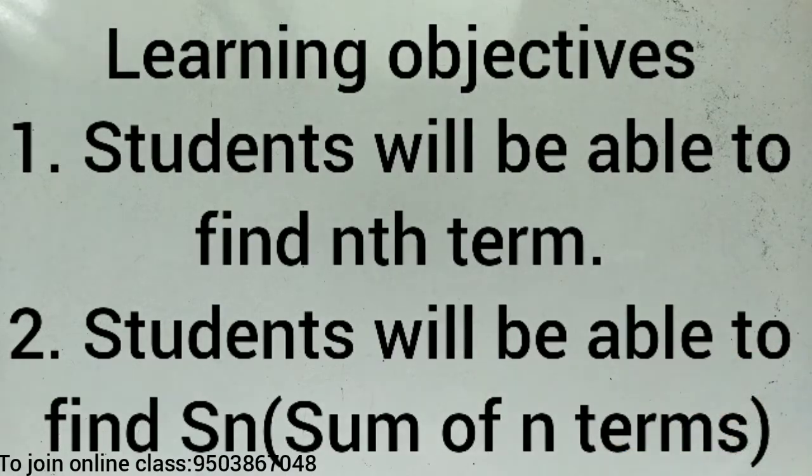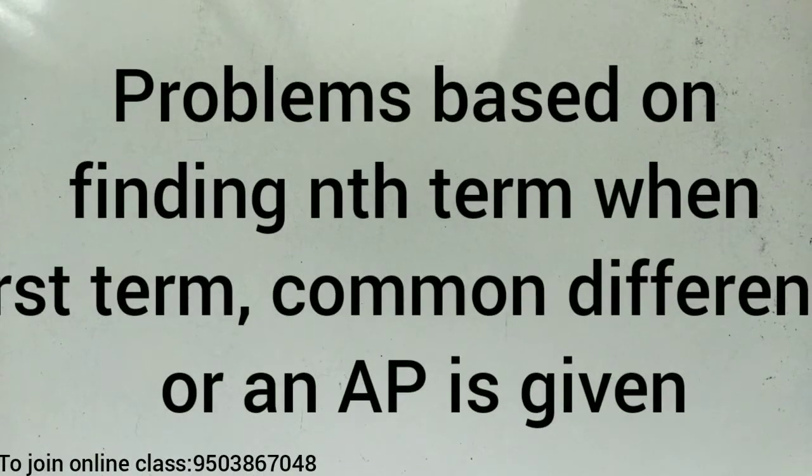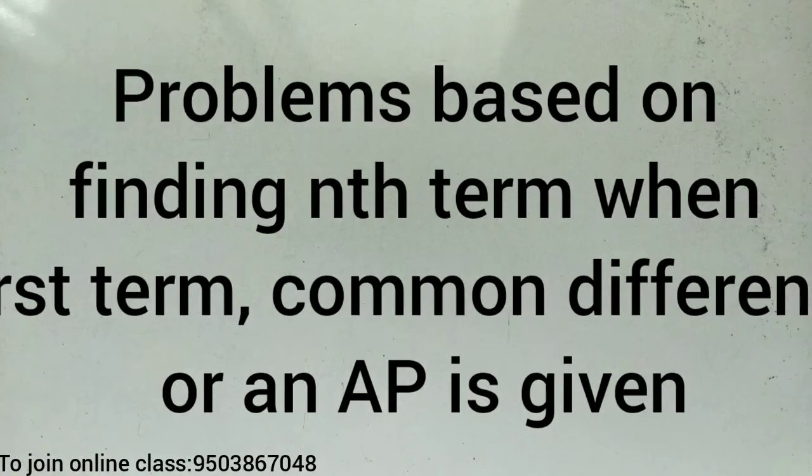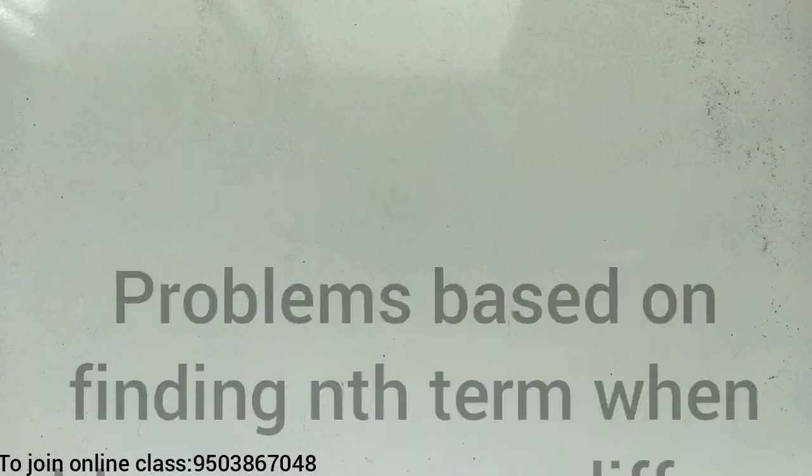Okay, now let's check the method to form the nth term. Here I am going to discuss some types of problems based on the nth term of an AP: problems based on finding the nth term when the sequence of an AP is given.